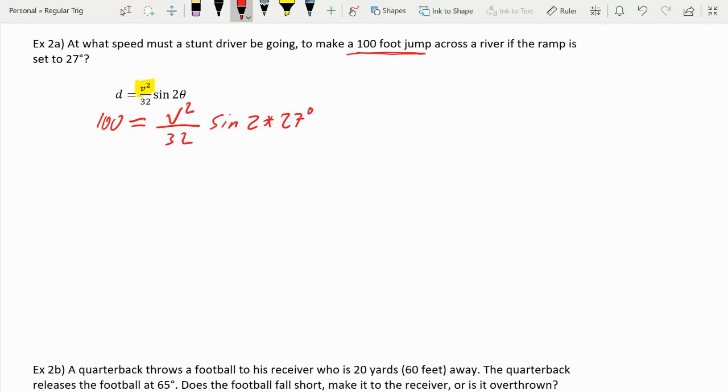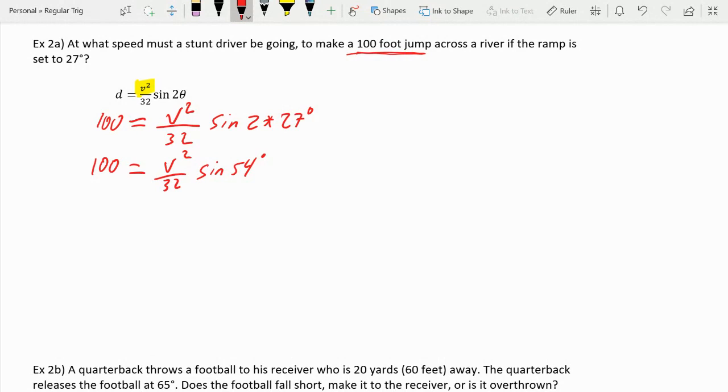I'm going to wait till the very end to do any calculations on the calculator, because I'll get a more accurate answer. So I end up with 100 equals v squared over 32 times the sine of 2 times 27, which gives me 54. So I'm going to use 54 degrees here.